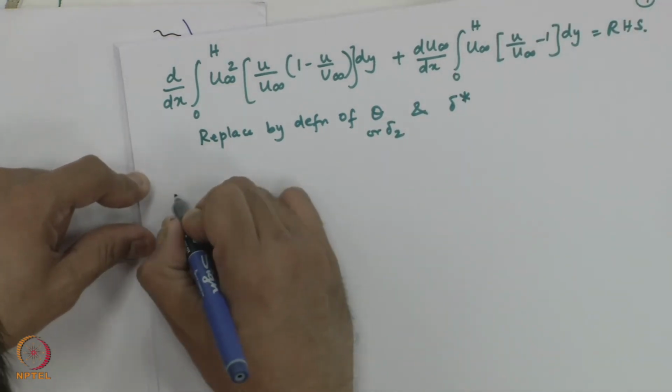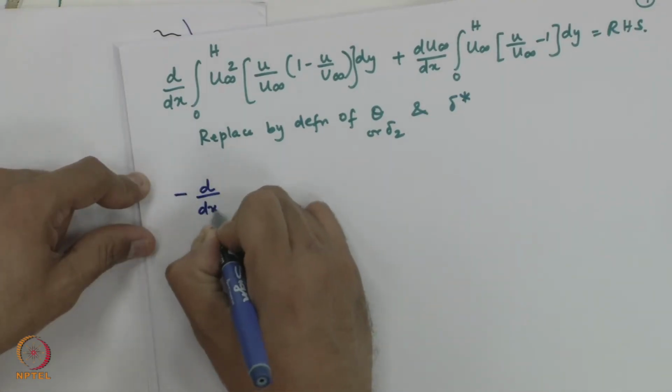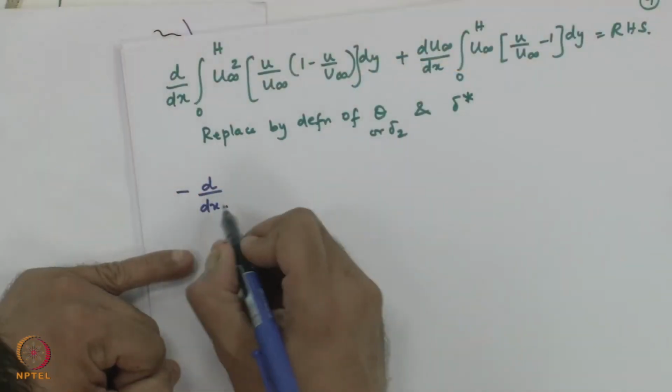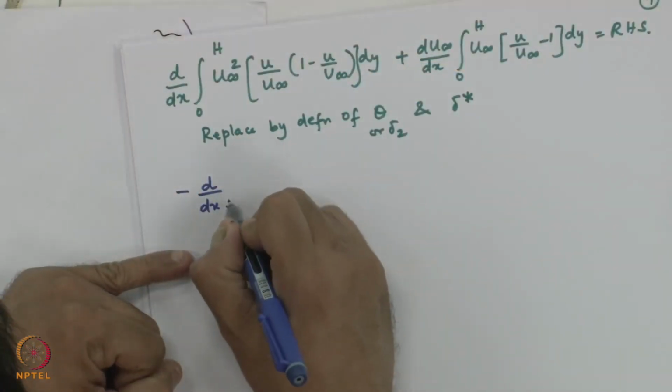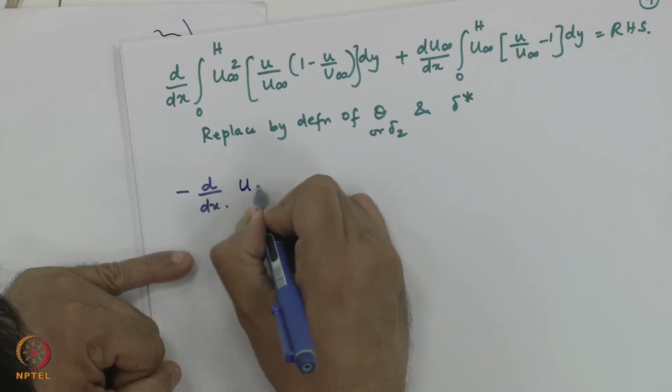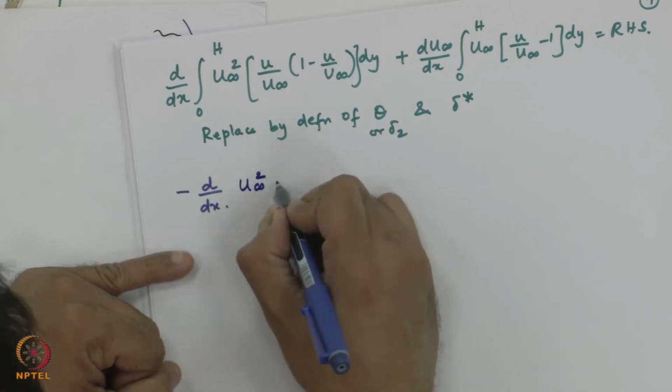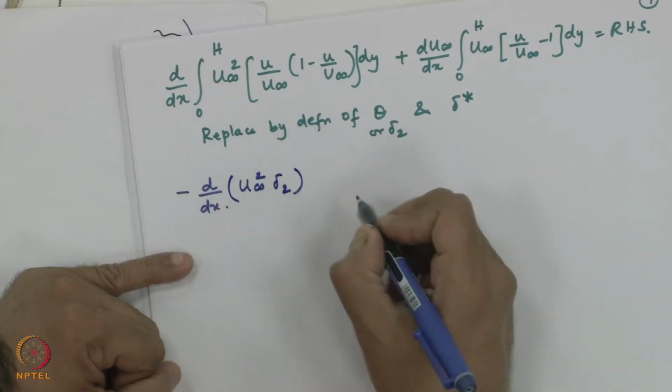d by dx. This is going to be du infinity by dx. So, I am going to write this as d by dx of u infinity squared delta 2.